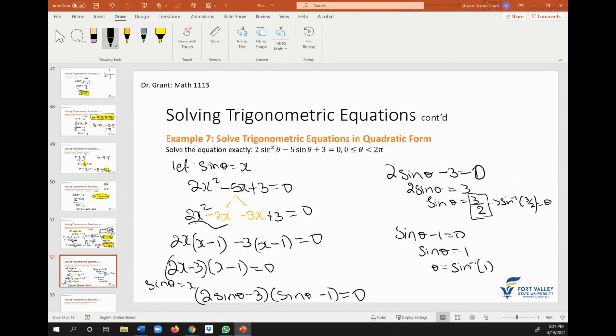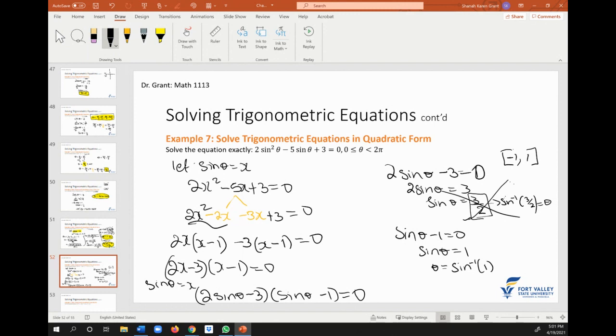So we don't have a solution there. We're supposed to be on the interval -1 to 1, hopefully you guys recall this, and this would be above 1, so that's not going to work.